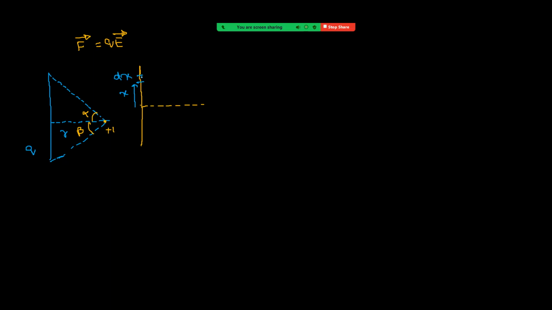Now this becomes a point charge because dx is very small. Now because of this point charge, there is a force acting on this unit positive charge. See carefully. We want to use Coulomb's law for these two point charges.